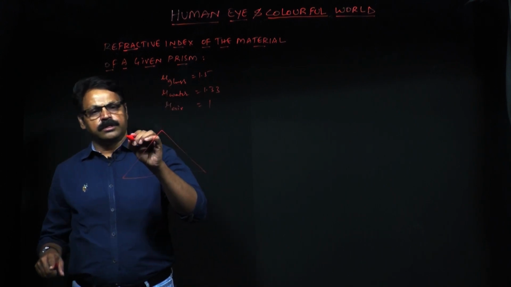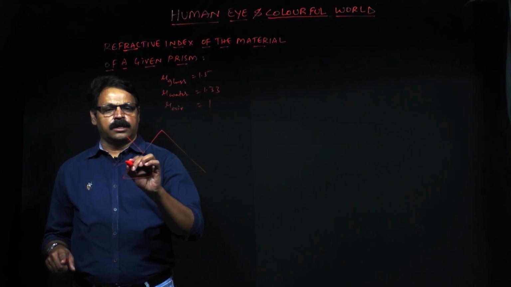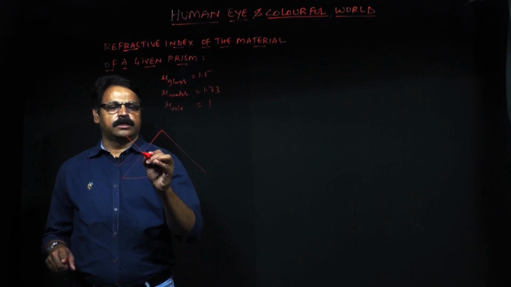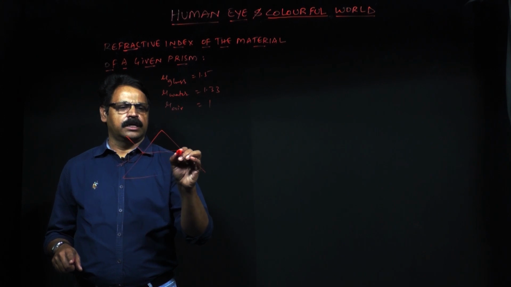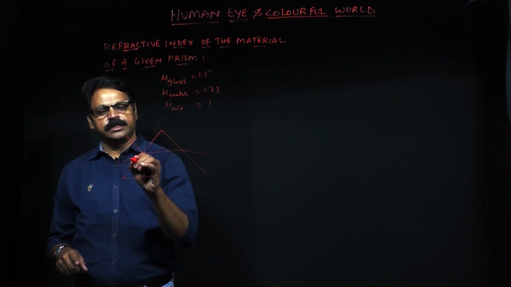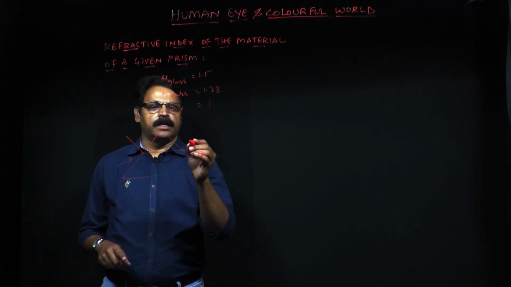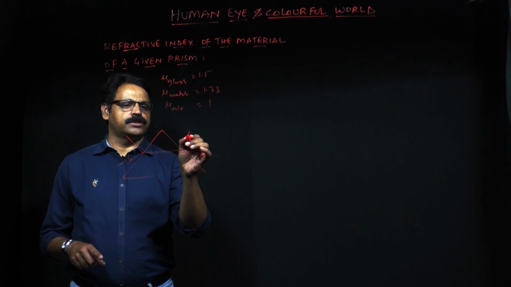Let us suppose this is the equilateral prism I have, and this is the normal drawn to the prism, and here a ray is incident and then refracted. Let us say this is the incident ray, this is the emergent ray, and these are always measured with reference to the normal only.